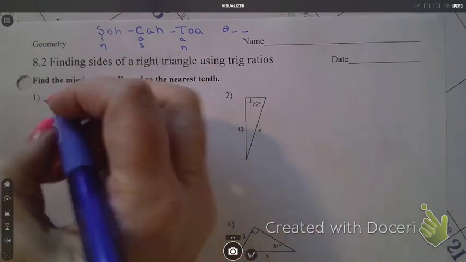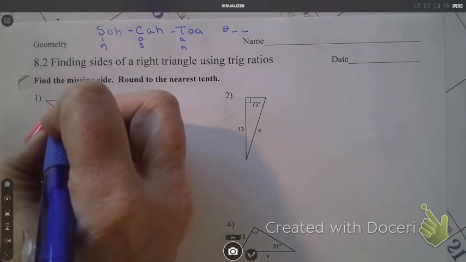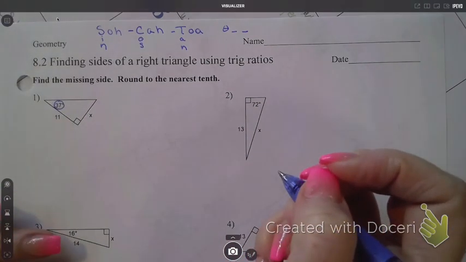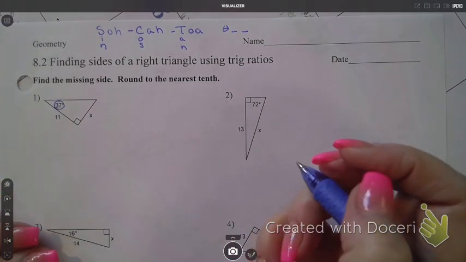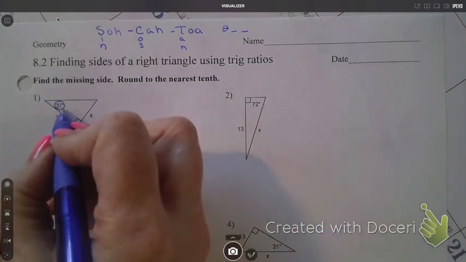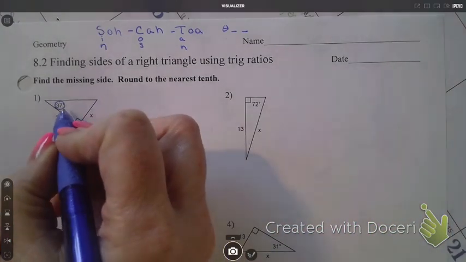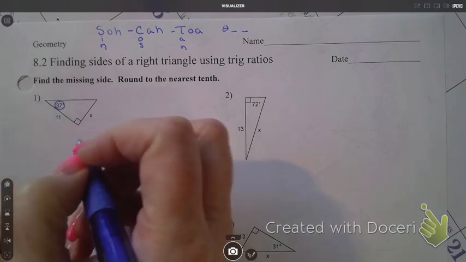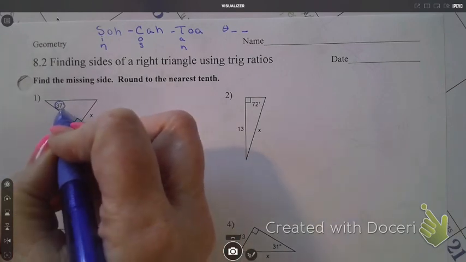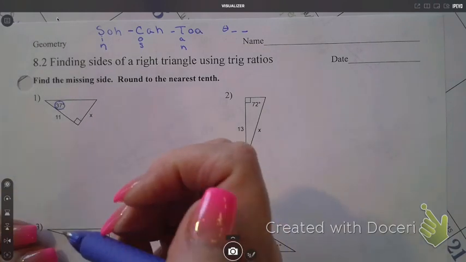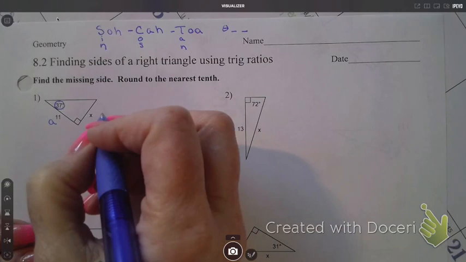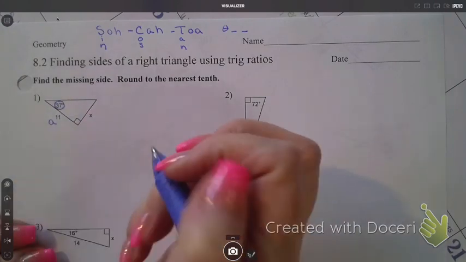That's what we're doing today. So the angle we have is 37. I expect to see this work. It will help you, I promise. So we have 37. So the thing we have and what we want, what are they? So what is 11 in relationship to 37? So adjacent. I'm just going to put an A there. And what is X in relation to 37?